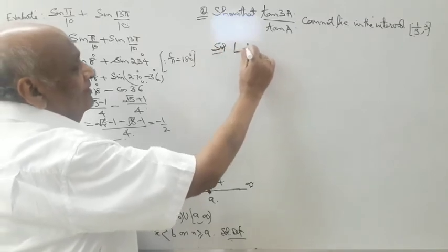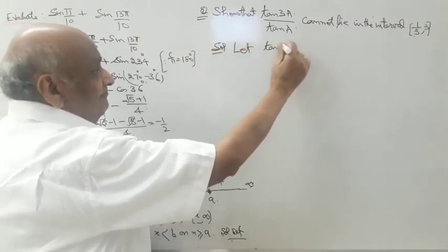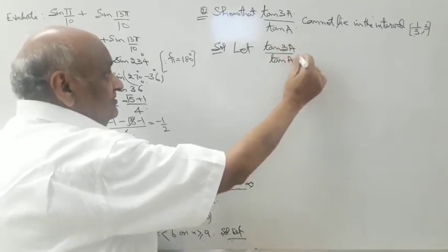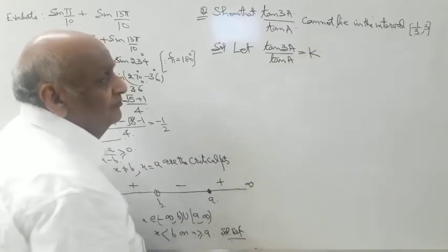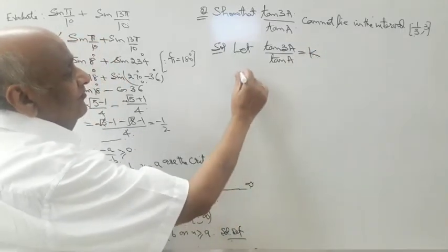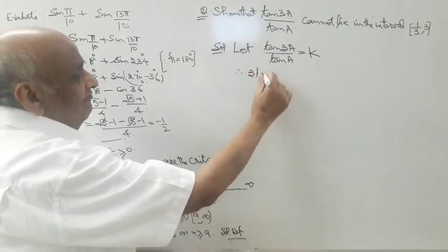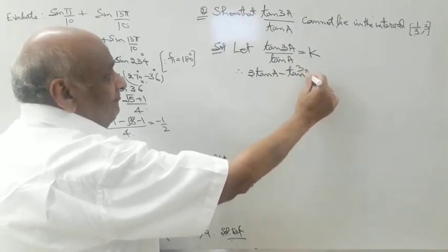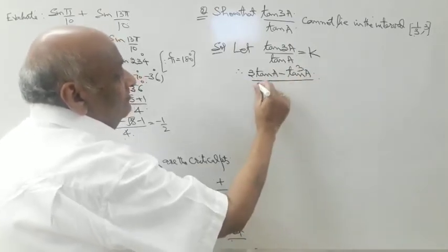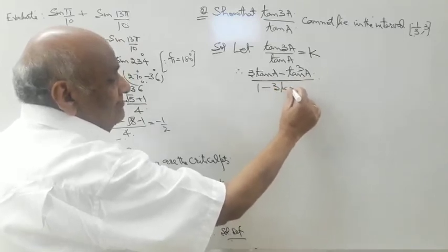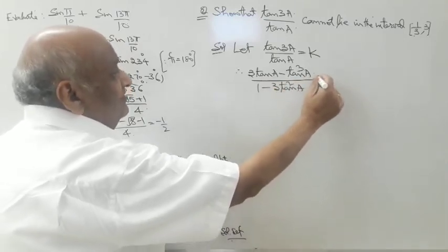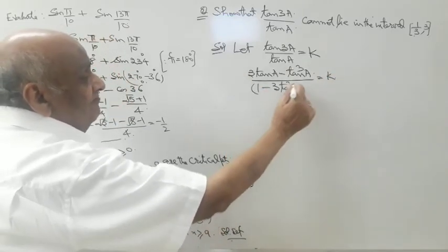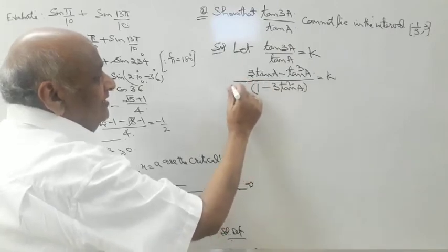Let tan 3a upon tan a be equal to k. Suppose now, therefore, it is (3 tan a minus tan cube a) over (1 minus 3 tan square a) divided by tan a, equal to k. Here we have tan 3a, and here tan a.